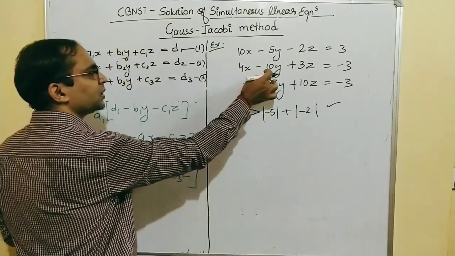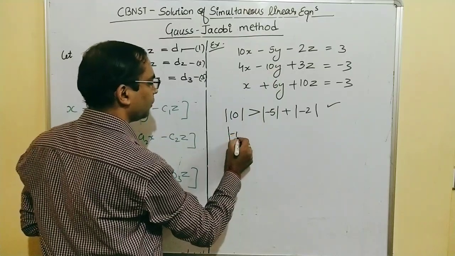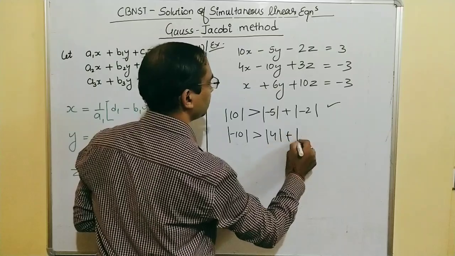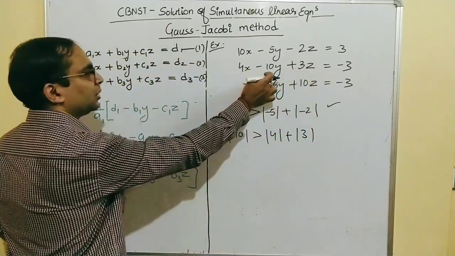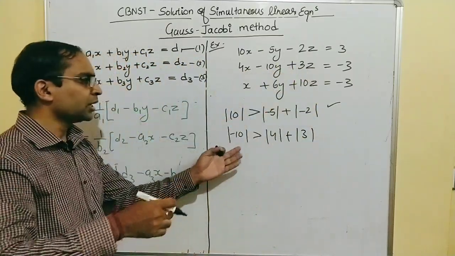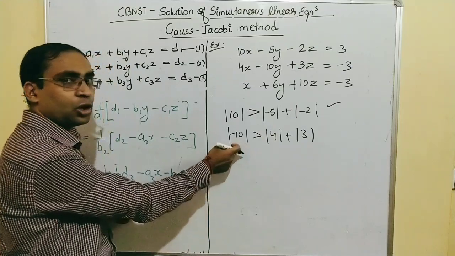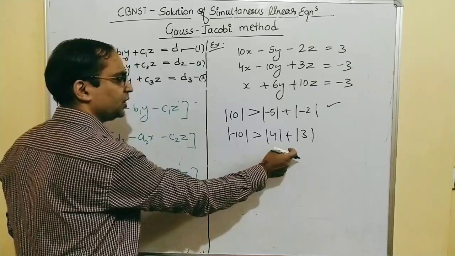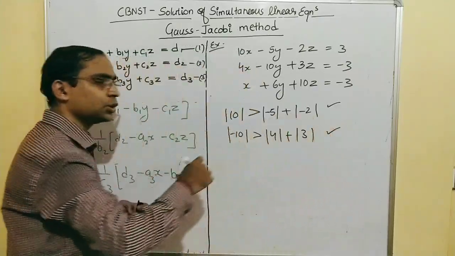Then we have to check the second equation. Mod of minus 10 should be greater than 4 plus mod of 3. The absolute value of minus 10 is 10, and 4 plus 3 is 7, so the condition is also true.